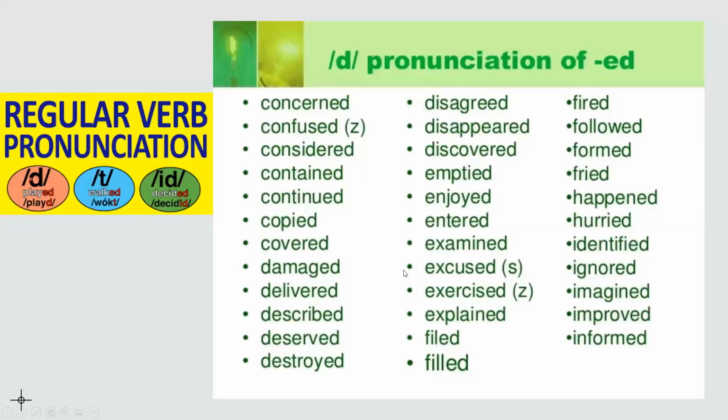Let's focus on the regular verbs. The regular verbs can be divided, according to the pronunciation of the ed, into three groups. The ones where the ed is pronounced like d, for example, played. The ones that end in t, and the ones that end in id.